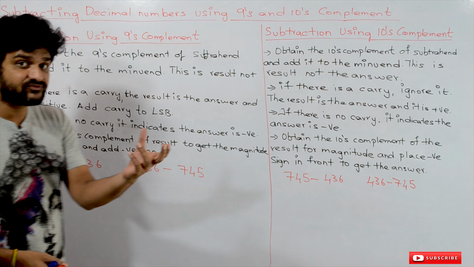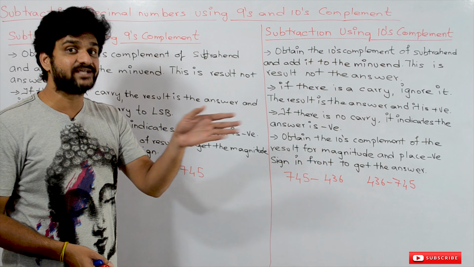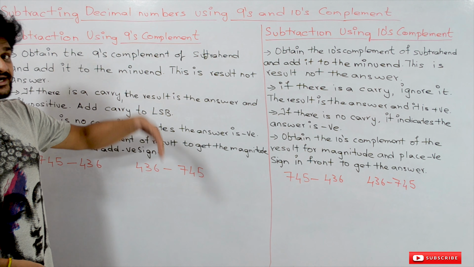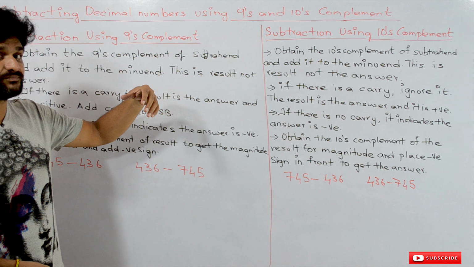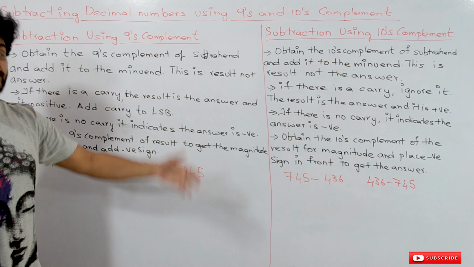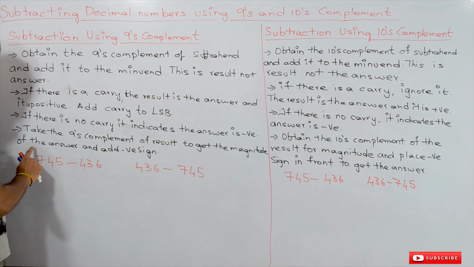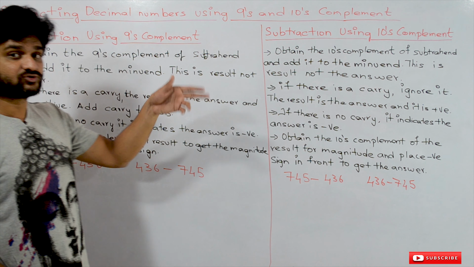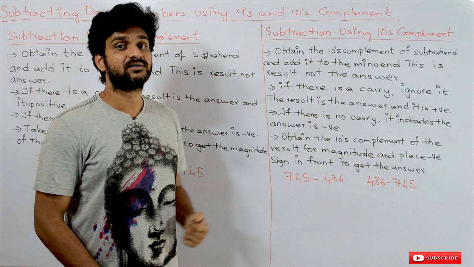The result that we have obtained, we have to find the 9's complement of that result to get the magnitude. In order to get the magnitude of the answer, we take the 9's complement of the result and add a negative sign to that answer.